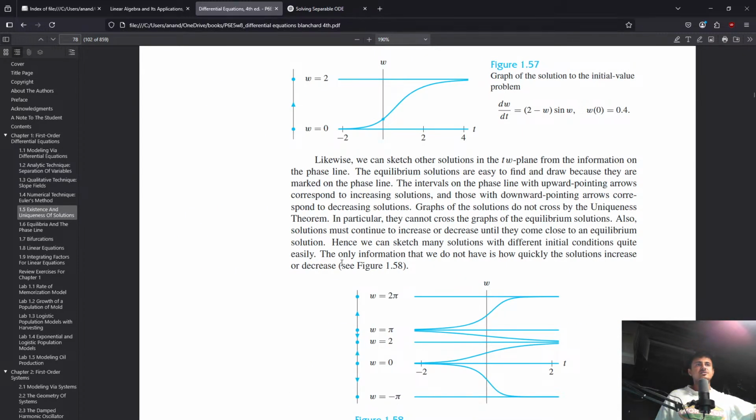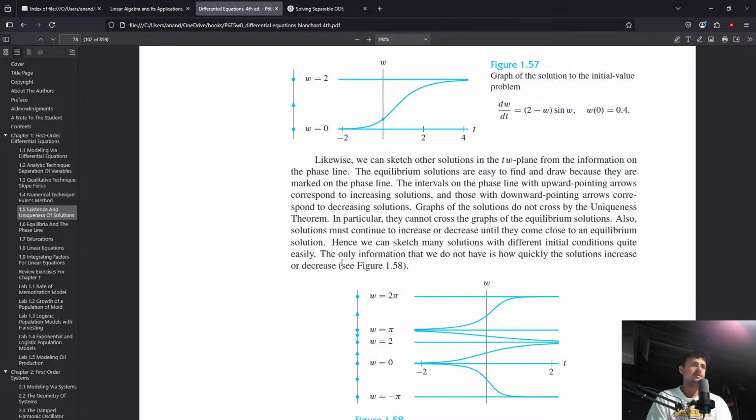Likewise, we can sketch other solutions in the tw plane from the information on the phase line. The equilibrium solutions are easy to find and draw because they are marked on the phase line. The intervals on the phase line with upward pointing arrows correspond to increasing solutions, with the downward pointing arrows corresponding to decreasing solutions. Graphs of the solutions do not cross by the uniqueness theorem.